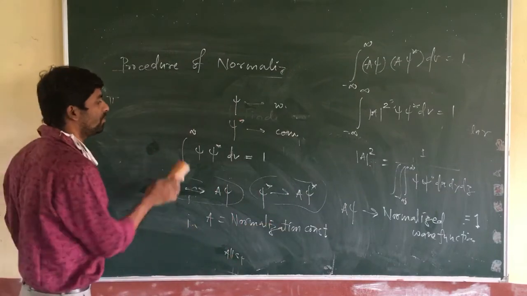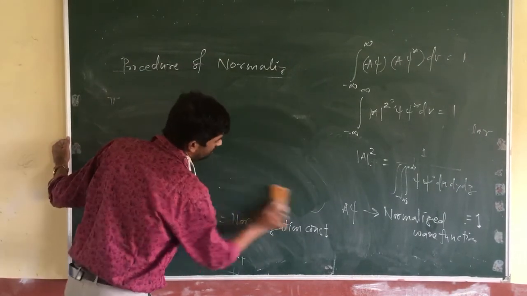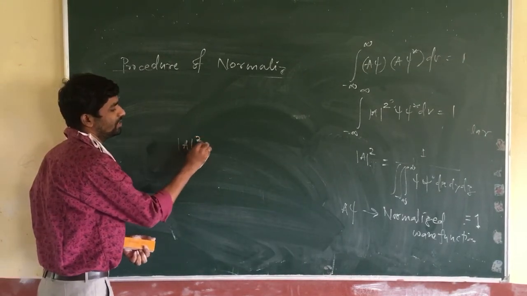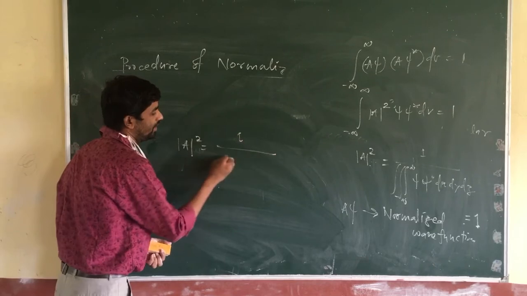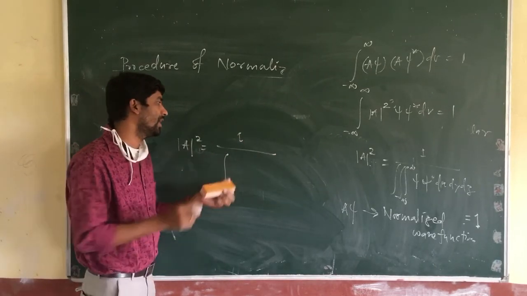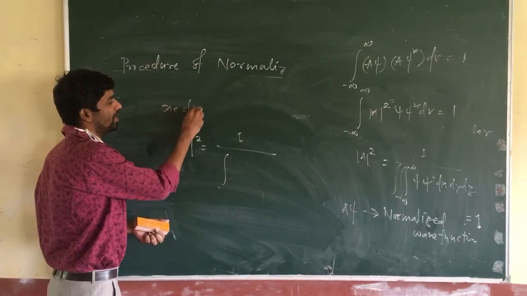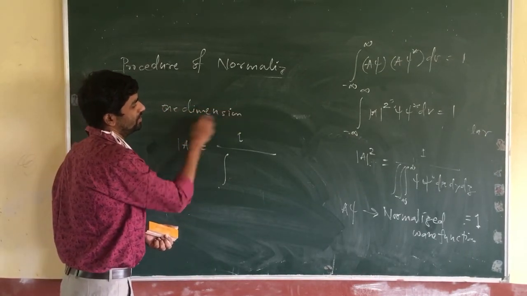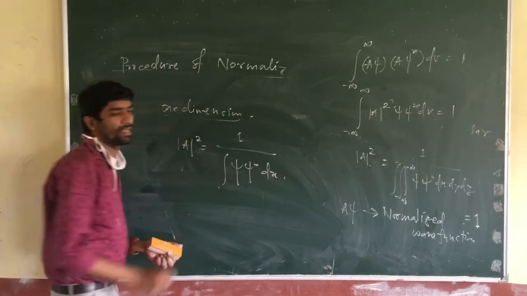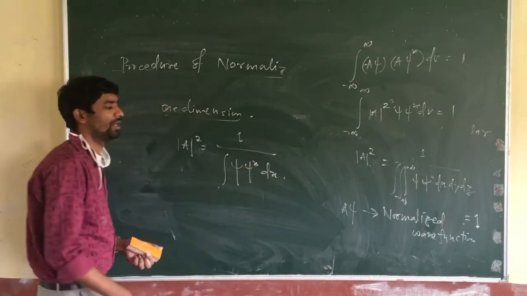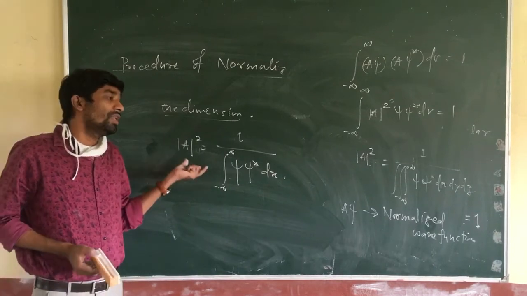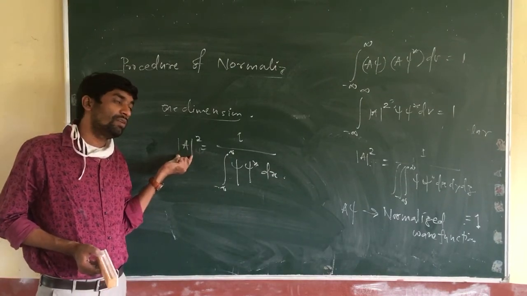If I have to take 1 dimension, then this normalization constant can be written as A squared equals 1 upon the integration over the region of x of psi into psi star into dx. Here it is the complex conjugate, from minus infinity to plus infinity. So this will give you the value of the normalization constant for 1 dimension.